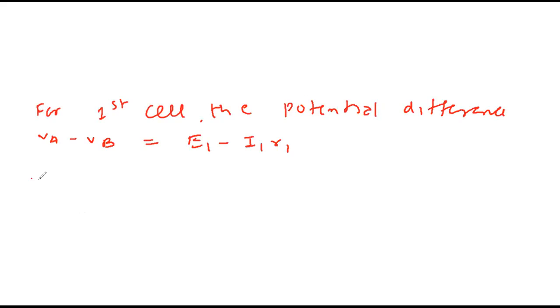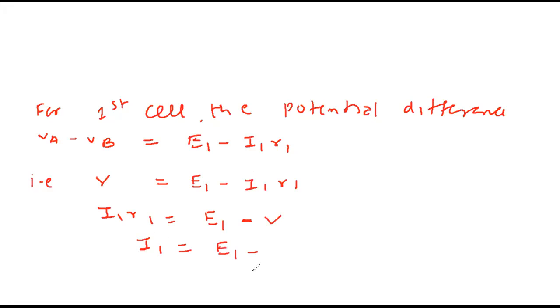We can call the potential difference V, equals E1 minus I1 R1. Therefore, I1 R1 will be E1 minus V. So I1 is E1 minus V upon R1. Any doubt in the first equation? No, sir.